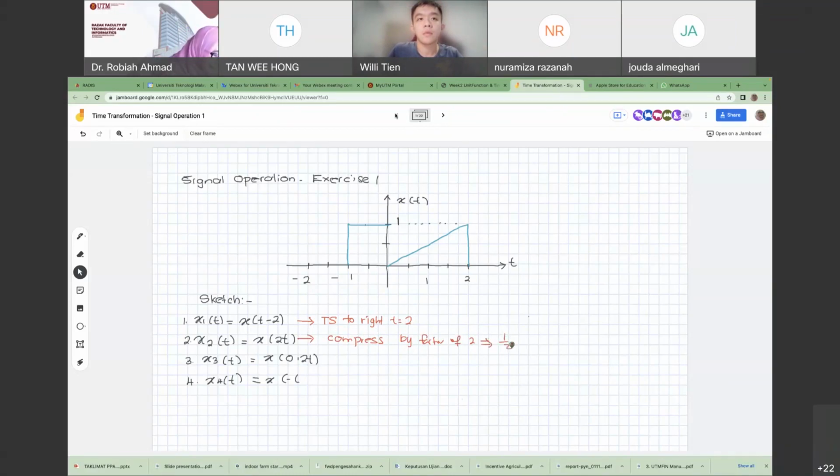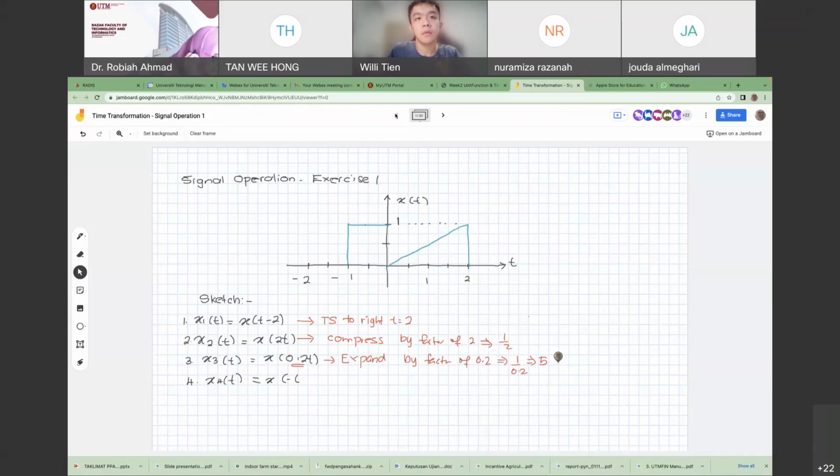Okay, and then the second one is actually because the value is more than 1, expand by factor of 0.2, maknanya di sini 1/0.2, they expand 5 times.